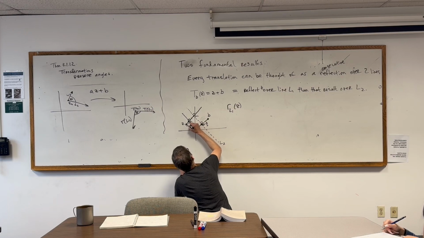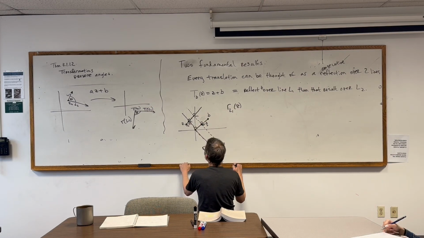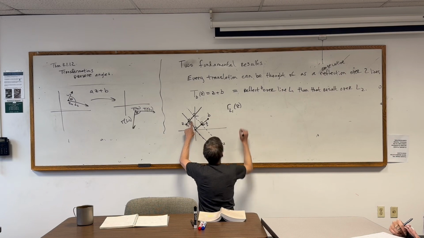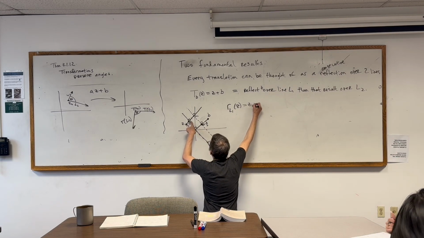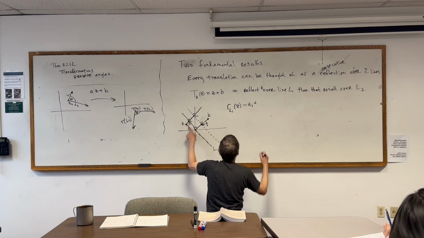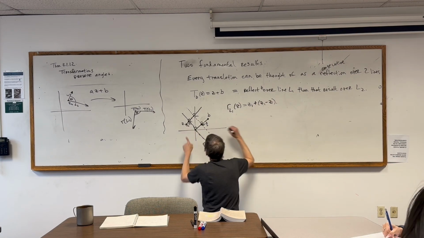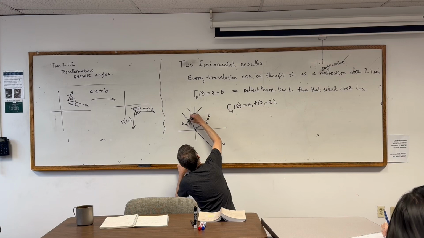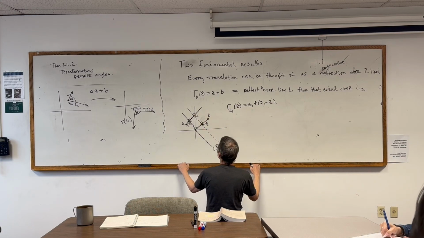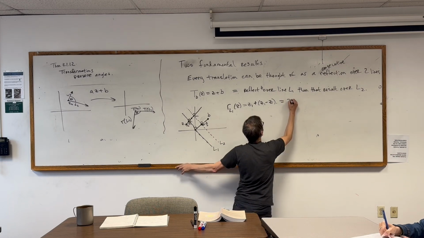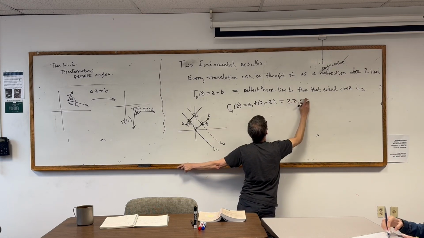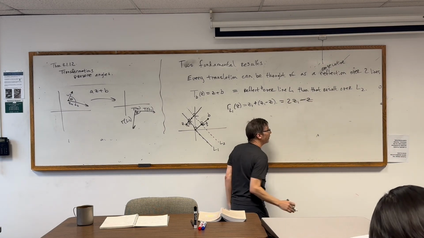It's Z1 minus Z. So I'm going to take Z1 and add on Z1 minus Z. And then that'll shift me right over here by the appropriate distance. So this turns into 2Z1 minus Z. Cool.